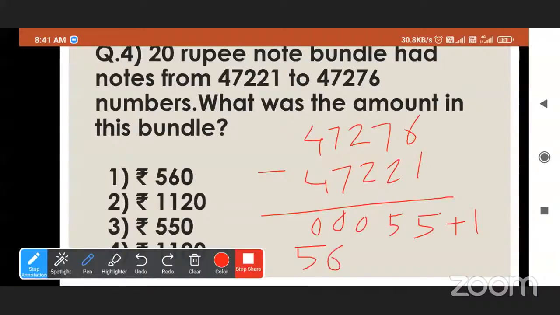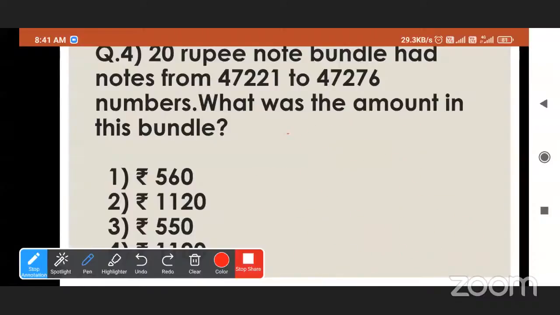Now it is the note of 20 rupees. So we multiply 56 by 20. 56 multiplied by 20.